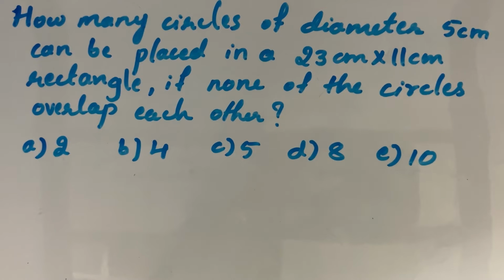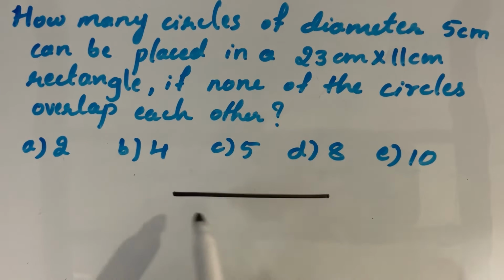How many circles of diameter 5 cm can be placed in a 20 cm by 11 cm rectangle if none of the circles overlap each other? What's given here?